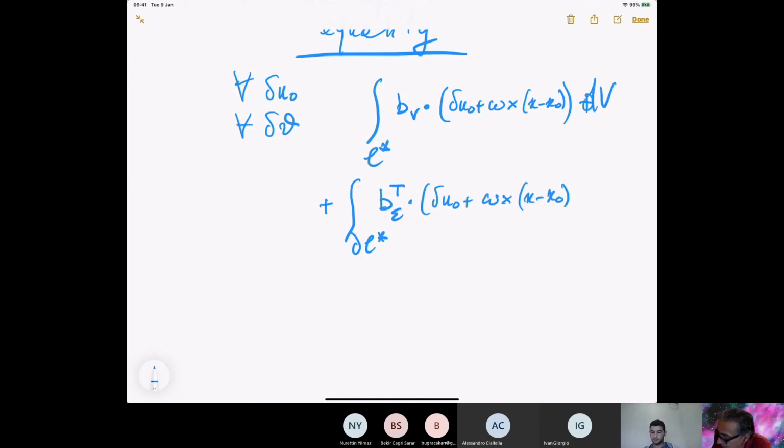This is the volume integral, this is the area integral, and the sum is equal to 0.